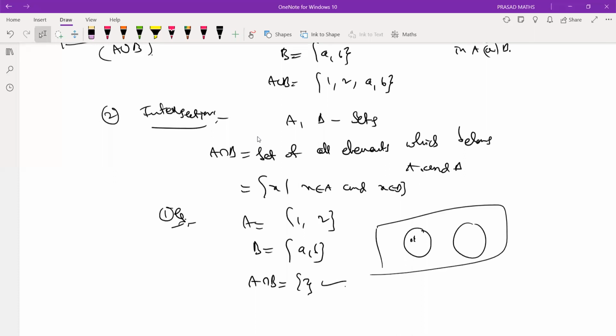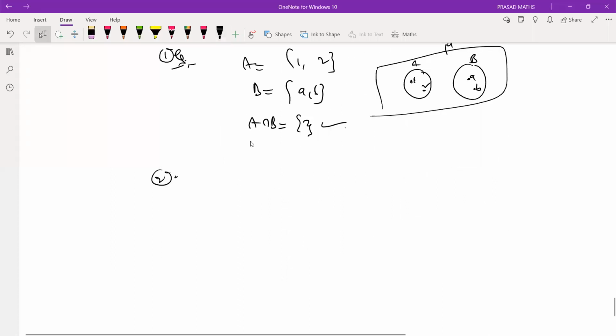This is my 1, this is my 2. This is my A. This is my a, b. This is my B set. This is my universal set. Therefore, they cannot intersect because they don't have a common element. Therefore, in the Venn diagram we can represent the two sets like this, separate, as two circles. This is one set. This is my B set. They do not intersect because they don't have a common element. Right?